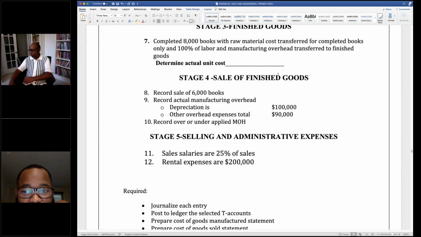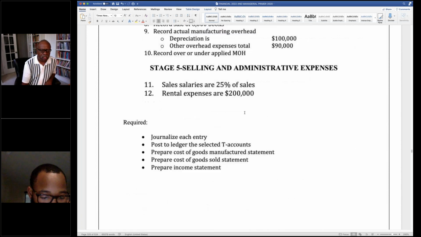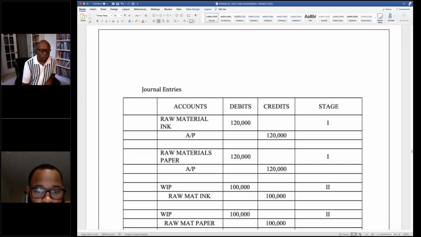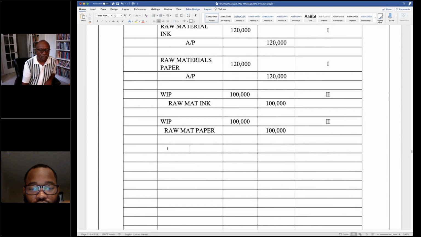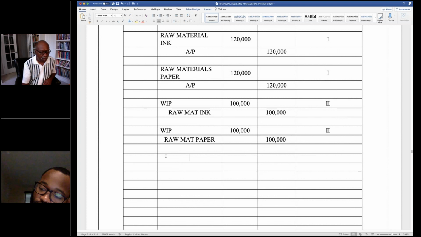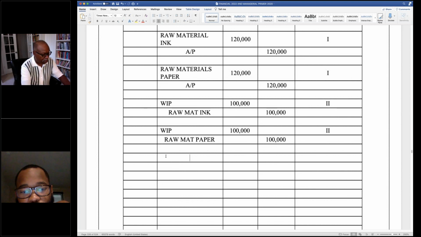So what's this journal entry going to be? They worked 20,000 hours and got $5 an hour. You're going to debit work in process and credit cash, because the workers want cash. And that's 100,000.